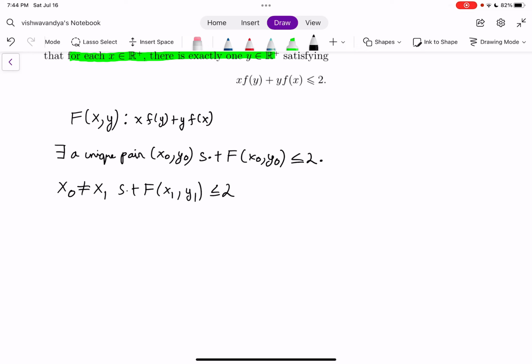Now for x naught there is exactly one y naught which satisfies this, and for x1 there is just y1.